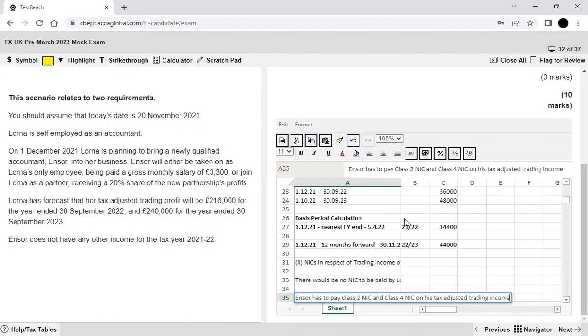However, Ensor has to pay class 2 NIC and class 4 NIC on his tax adjusted trading income, right? Both NICs are supposed to be paid by Ensor.